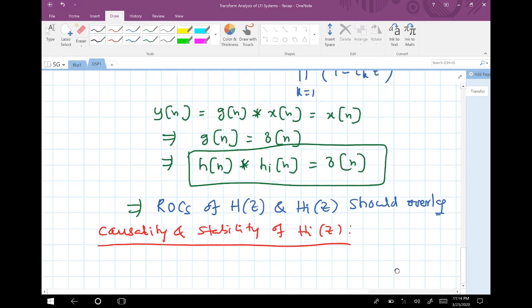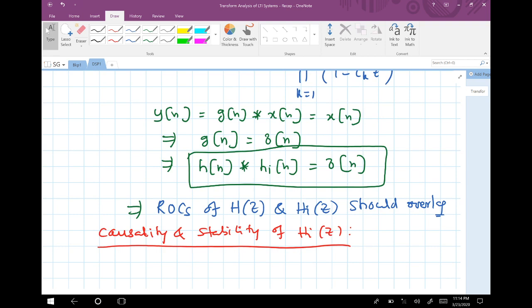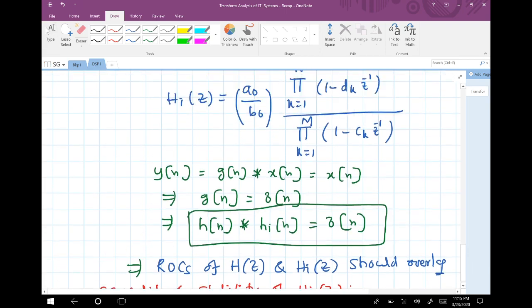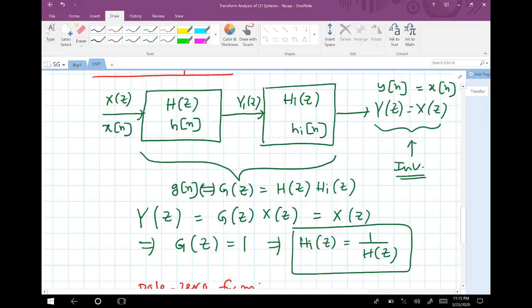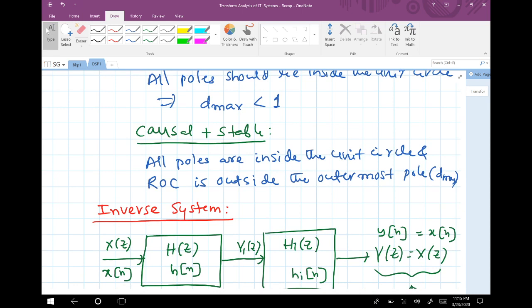Well, let's make the interpretation in terms of H(z) itself. The interpretation is very similar to what we made here. For example, for H(z), all poles are inside the unit circle and the ROC is outside the outermost pole. For Hi(z) also the conditions would remain the same. But now if we want to make the interpretation in terms of H(z), these poles are nothing but zeros of H(z).